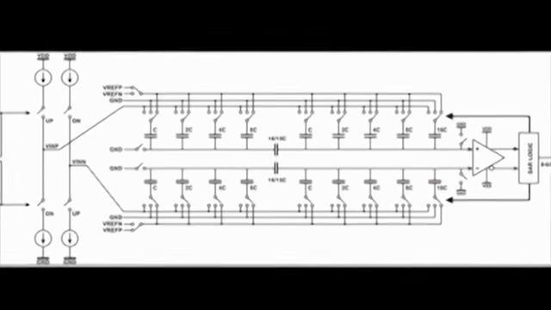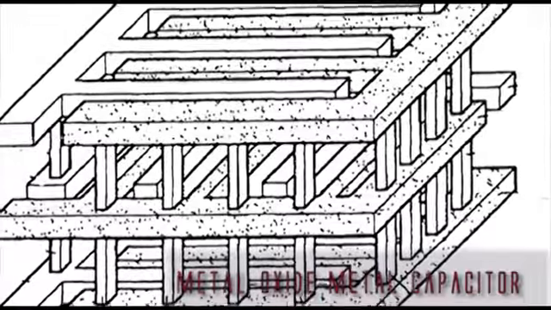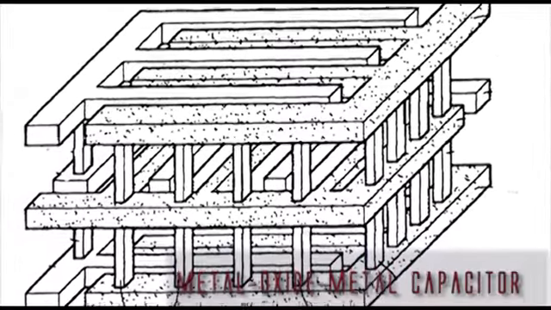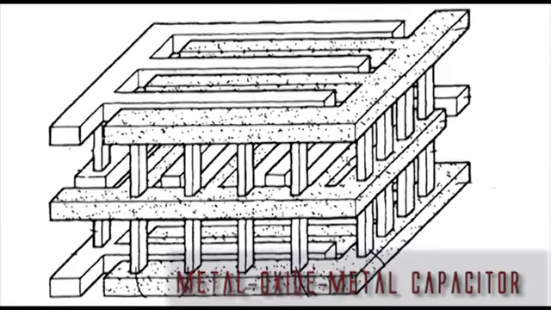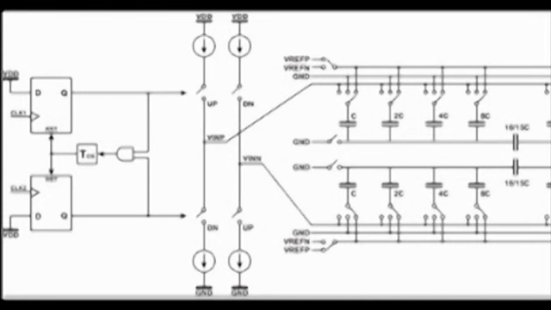Our SAR ADC uses the new metal oxide metal capacitor in 65 nanometer CMOS technology, which is superior in terms of size to any other type of capacitor, thus providing a suitable time-to-digital converter for LiDAR application.